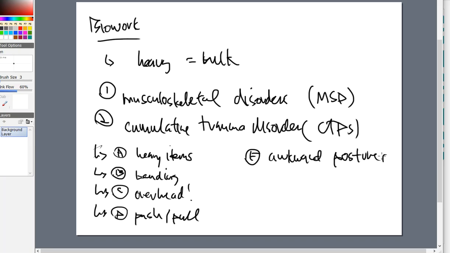Those are things I need to keep in mind to make sure I'm doing it in the safest possible manner. And then next, repetition. If something is repetitive and I'm doing it over and over and over, I want to make sure I'm doing it in a safe way that is going to limit the damage I do to myself.